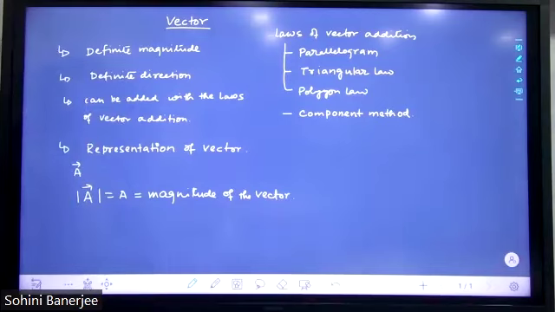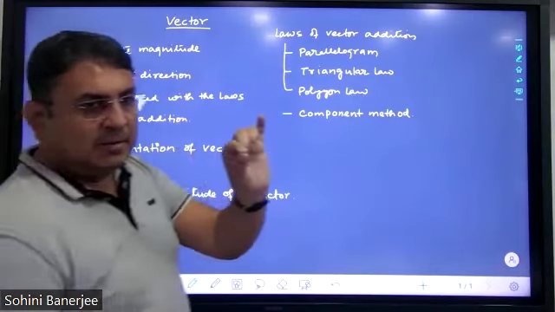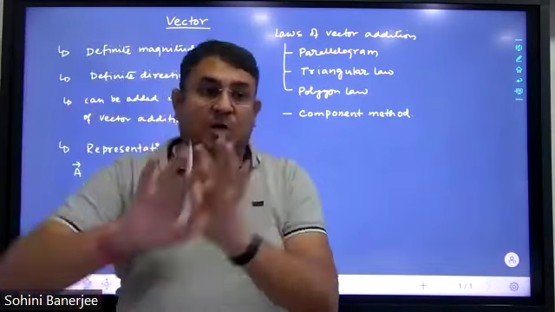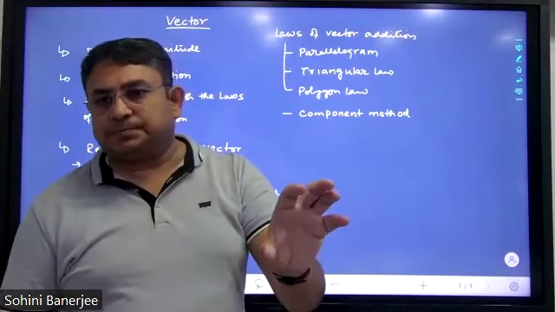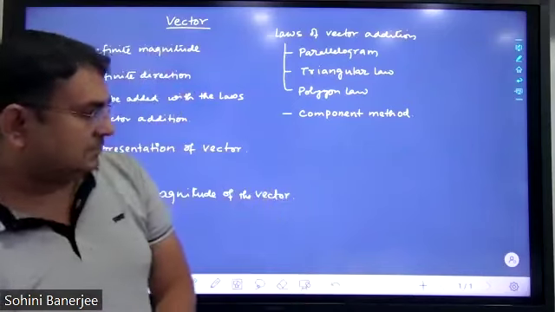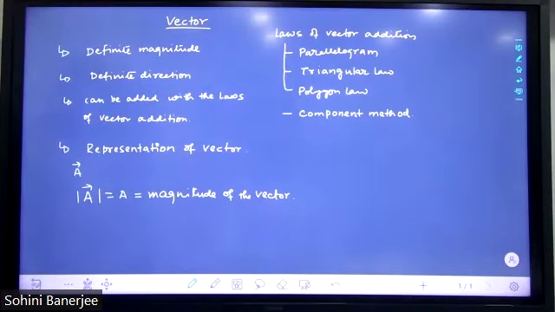Clear? So only the letter A written or the modulus sign written means we are not bothered about the direction. It is just the magnitude which is referred to. Clear? That is modulus A or just the letter. Okay.